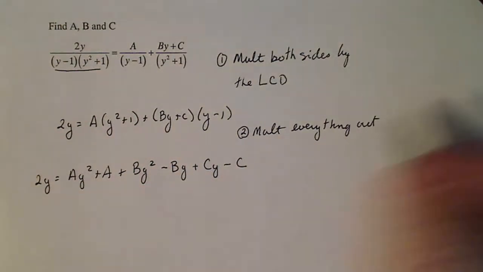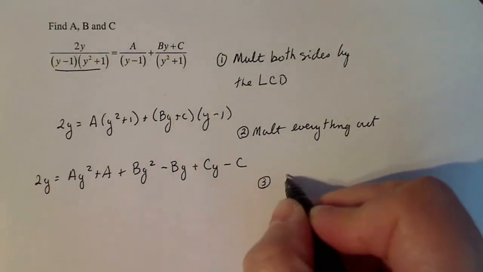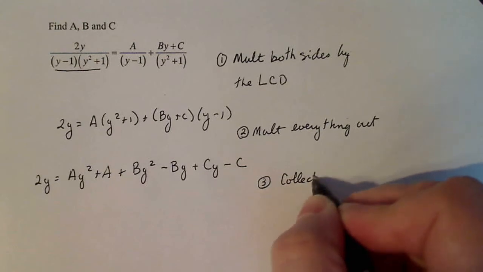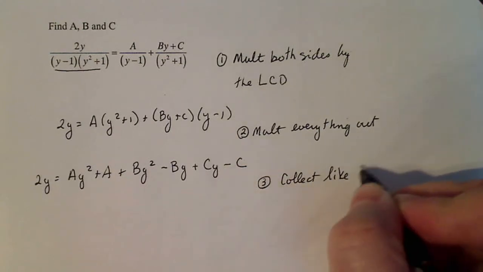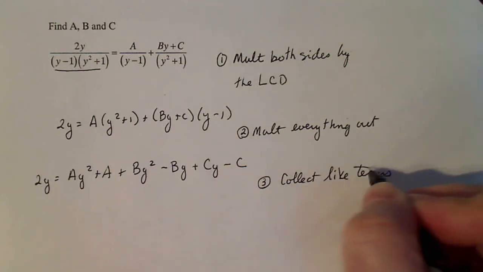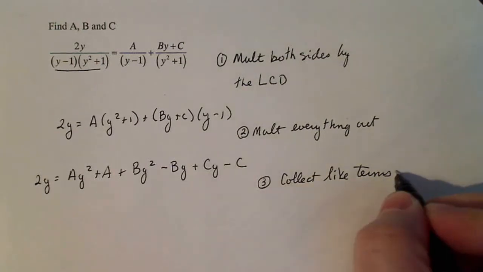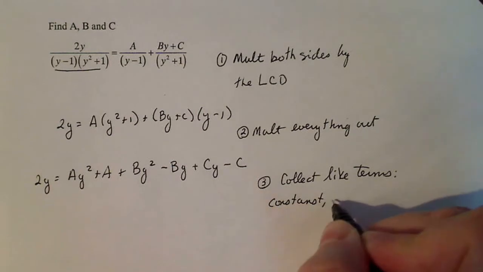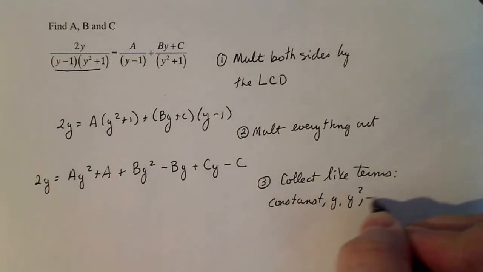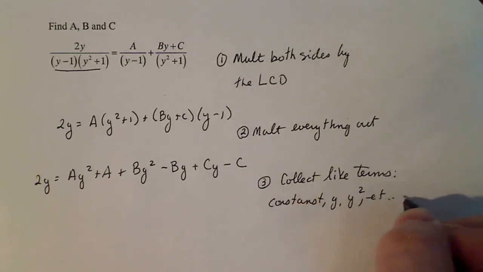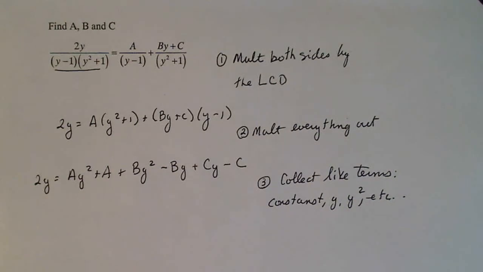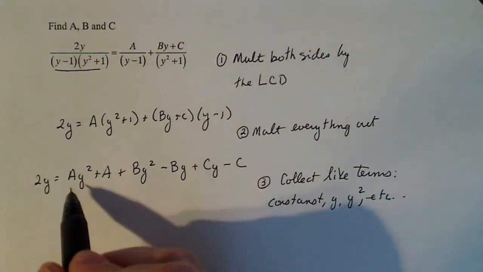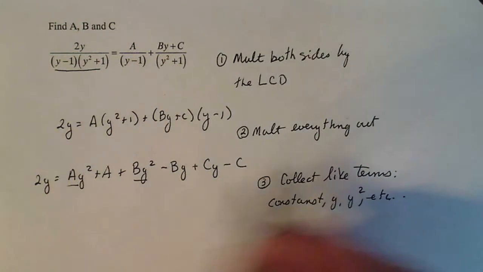The third thing we're going to do is collect like terms. That means we're going to collect all the terms that are constant, in other words, there's no variable, or that has a y squared, etc. So when I look at this, I can see that Ay squared and By squared are like terms.